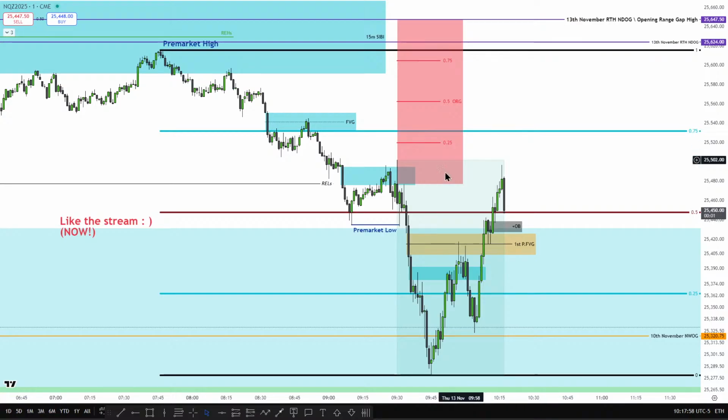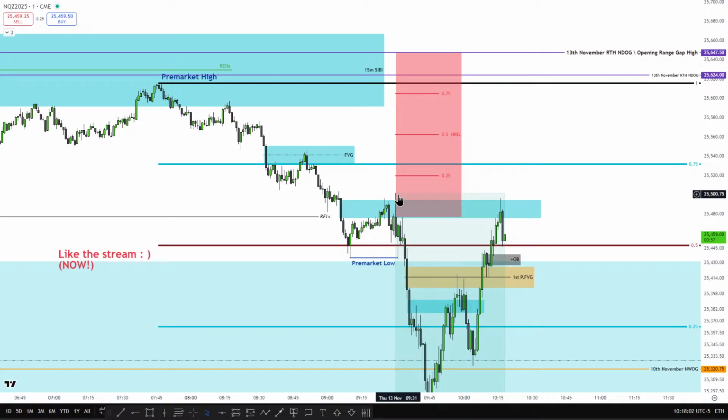Targets. Go with this high. These are going to be relatively equal highs now. This one.